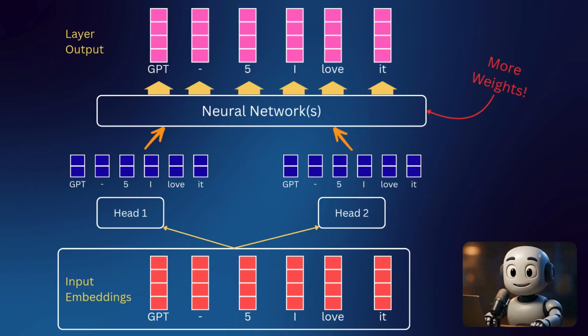It feels like magic, and to be honest, it probably is a little bit. We go from an original list of 4 numbers for each token, and the layer output through the heads and the neural network gives us a new list of 4 numbers for each token. In other models, that list of numbers would be much bigger, but again, we're keeping the same size between the input and the layer output.